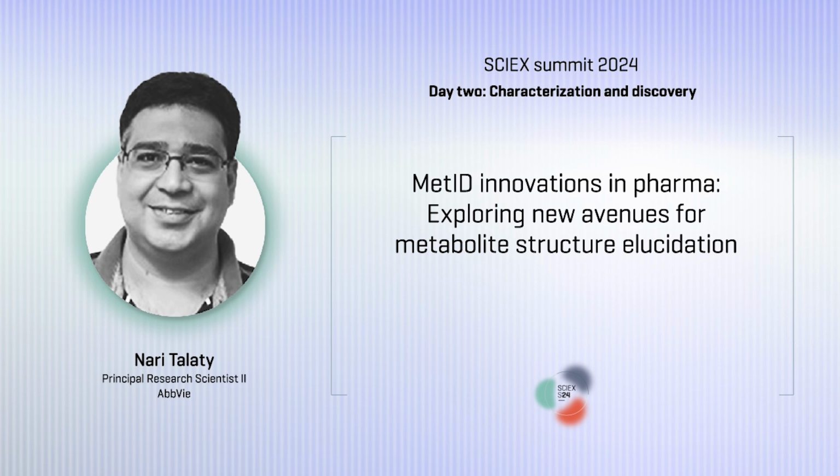And today we're going to look at work that he's doing for MetID innovations in pharma, exploring new avenues for metabolite structure elucidation. So in DMPK development, for metabolite identification or MetID studies, they look at in vitro and in vivo systems, and this often produces heterogeneous mixtures of metabolites.